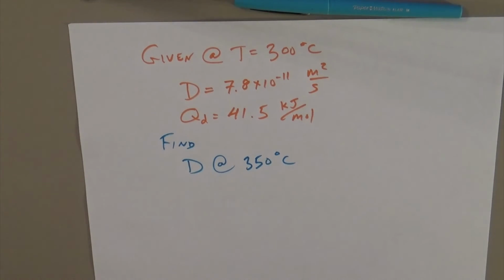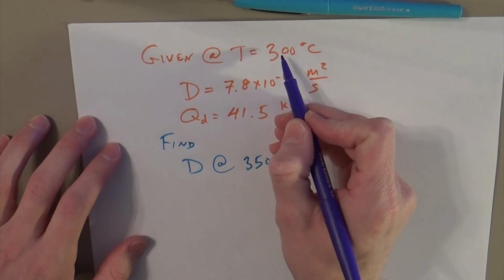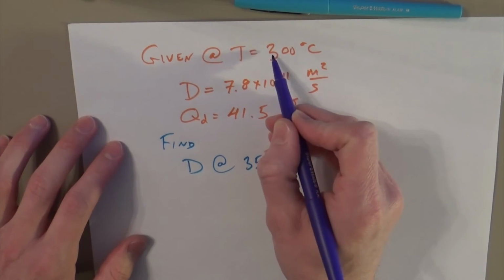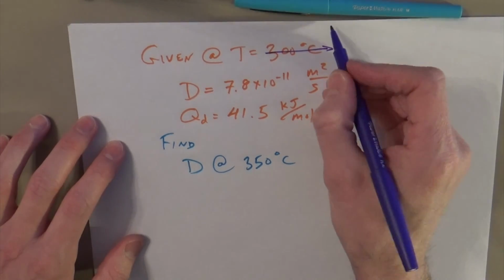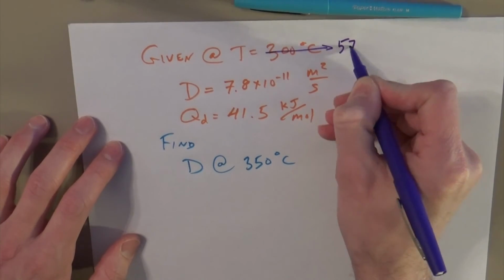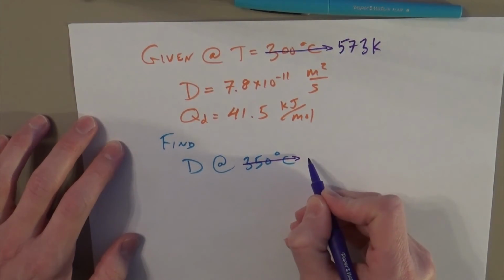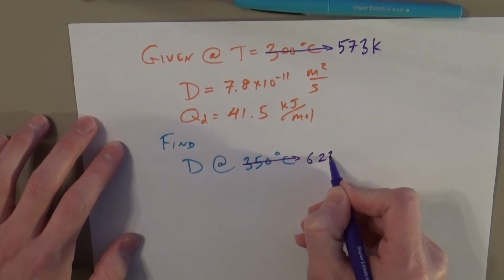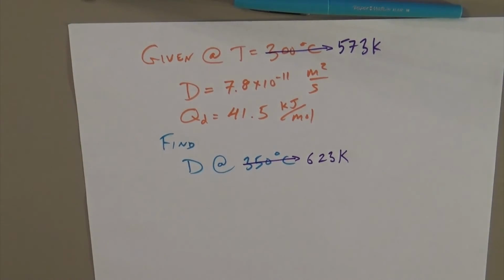One thing that we need to do is transform these into absolute temperatures. So that's going to be 573 K, and that's going to be 623 K. So we've got the temperature in absolute temperatures.